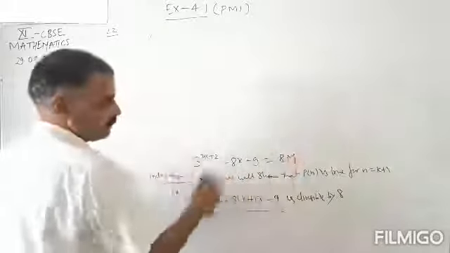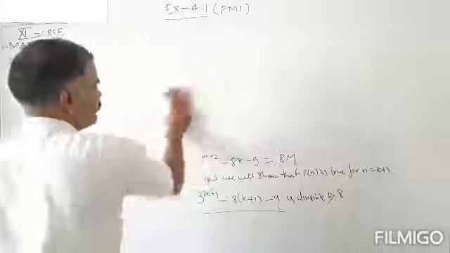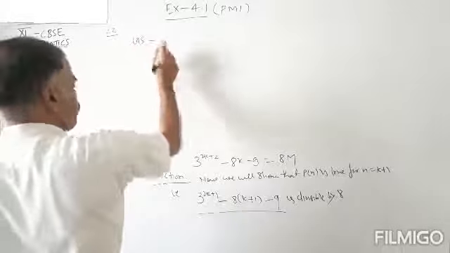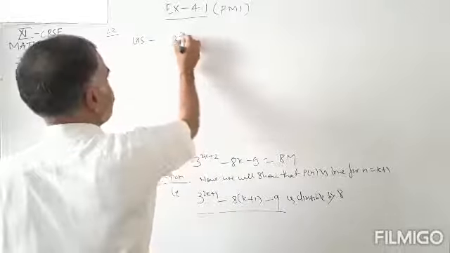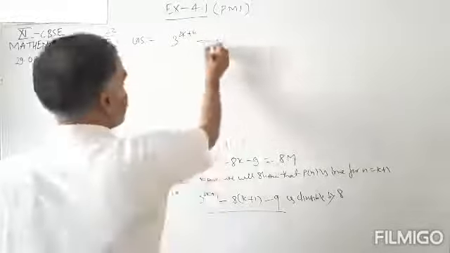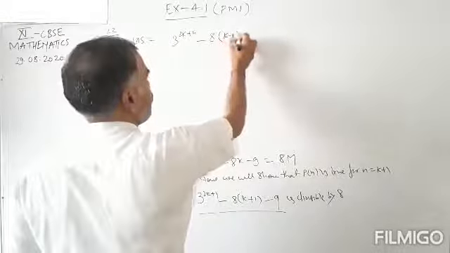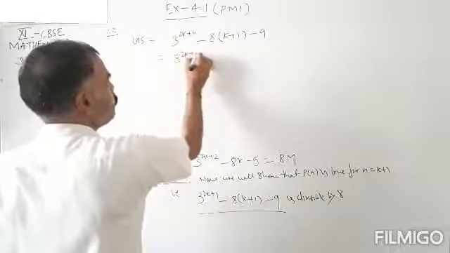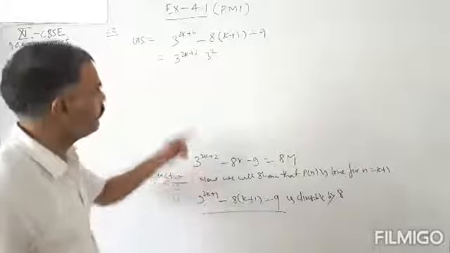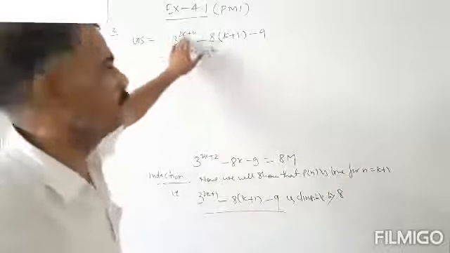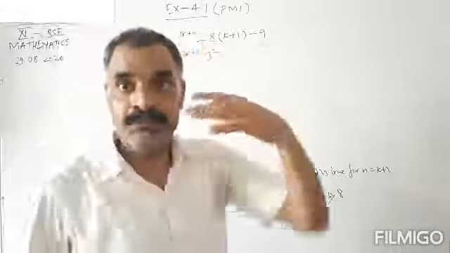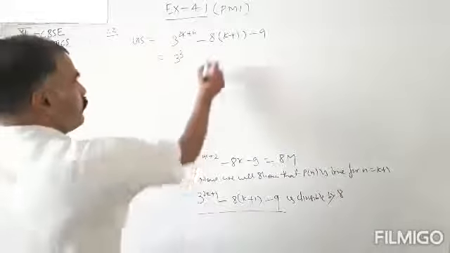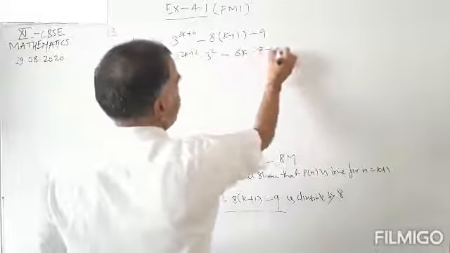That is why I am not wiping this out. So the left hand side of the induction is 3 to the power 2k plus 4 minus 8 into k plus 1 minus 9. This is equal to 3 to the power 2k plus 2 into 3 to the power 2, splitting 2k plus 4 into 2k plus 2 and 2, minus 8k minus 8 minus 9.